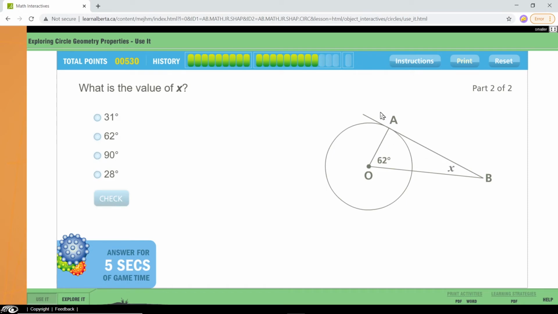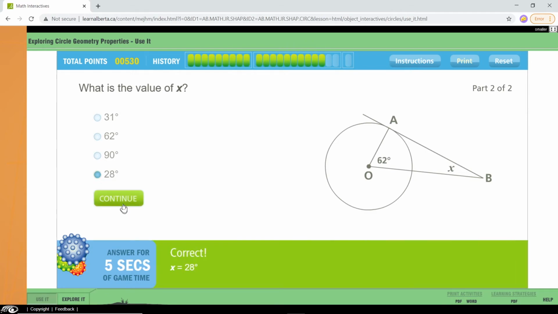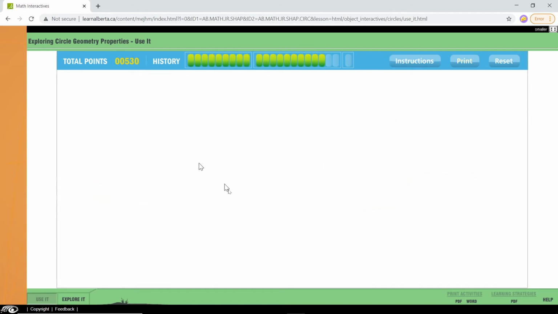The angles inside a triangle total 180. Therefore, 180 minus 90 degrees and minus 62 degrees equals 28. Alright. Next.